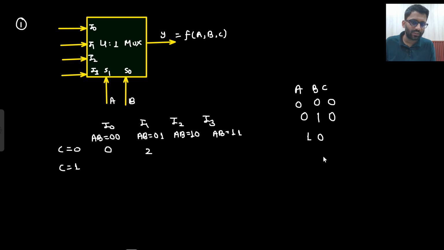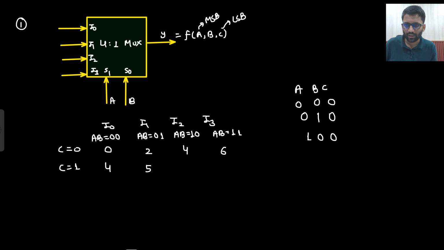For this, AB equals 1 0 and C equals 0. So this will show minterm 4. Say yes or no? Because in the function this is your MSB and this is your LSB. So in that manner only I am writing here. So 100 will show 4, 101 will be 5, 110 will be 6.